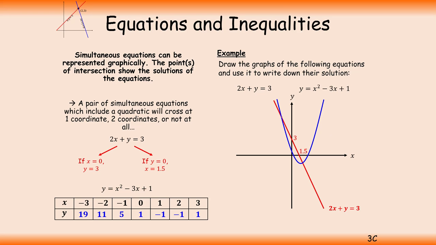And as you can see from the curve, in this instance, the quadratic and the linear will intersect at 2 points. Solving simultaneously will give us each of those points, minus 1, 5, and 2, minus 1.